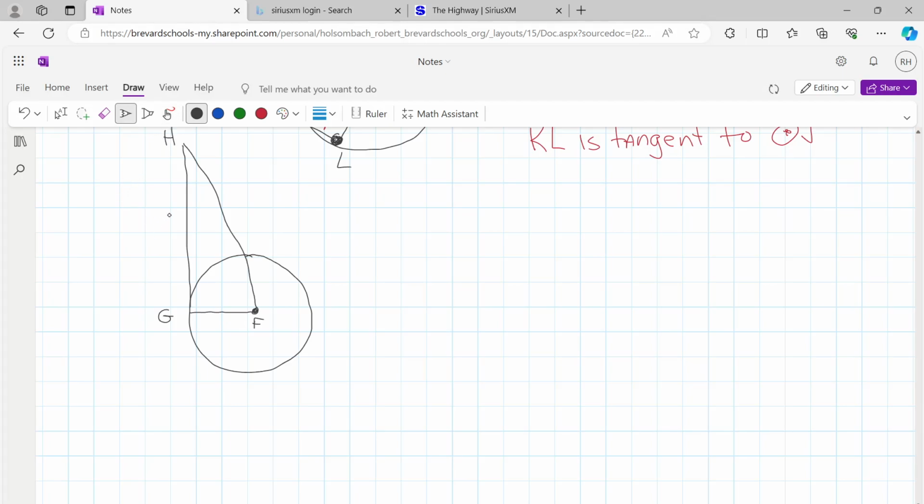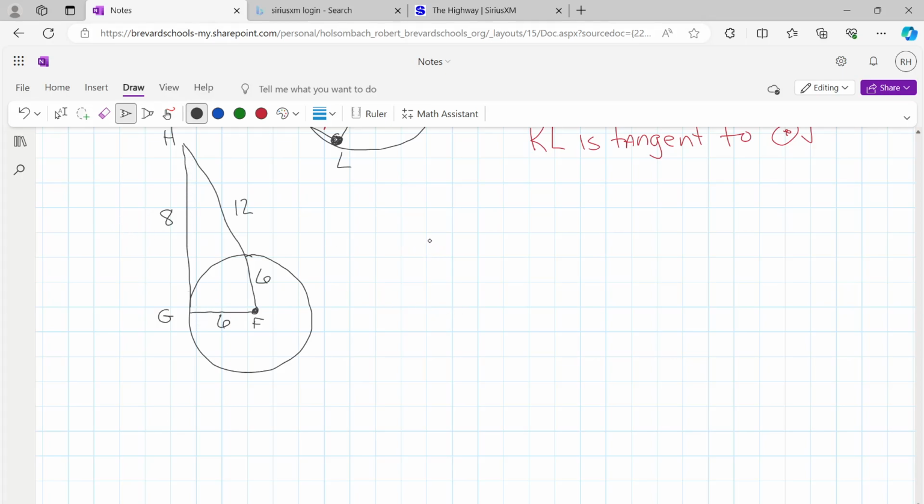HG is 8. From H to the edge of the circle is 12. G to F, which is the radius, is 6. And F to the edge of the circle is also 6. Determine whether GH is tangent to circle F. We're trying to find out if the radius is perpendicular to GH.